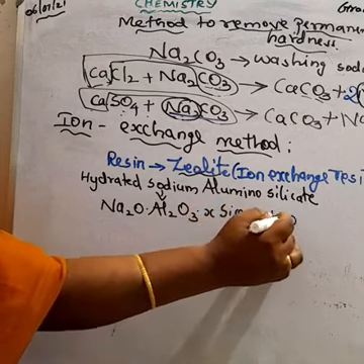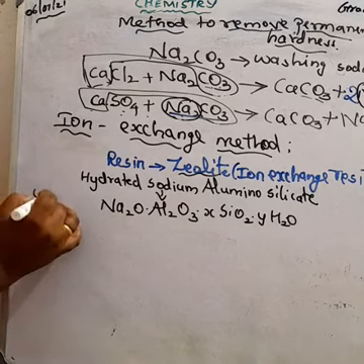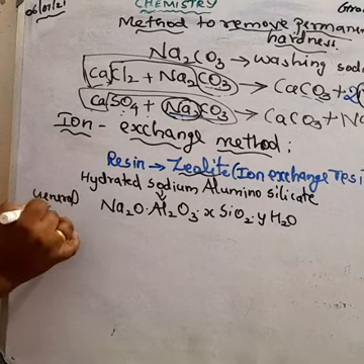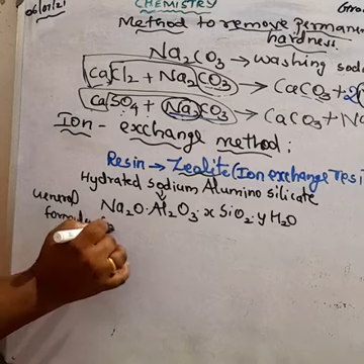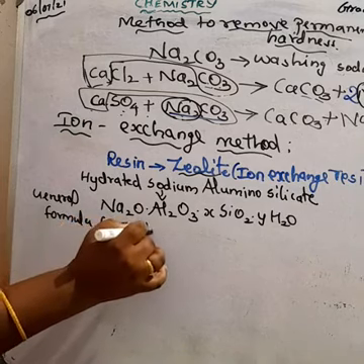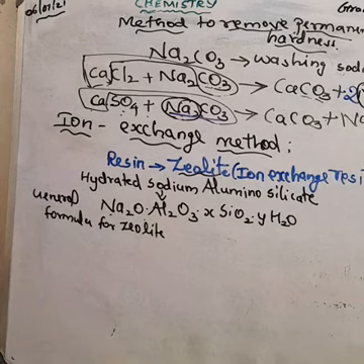One more question, very, very important. What is the general formula for zeolite? Na2O. In your book it has only NaO, but this is the sodium Na2O, Al2O3, X SiO2, Y H2O. Understood?